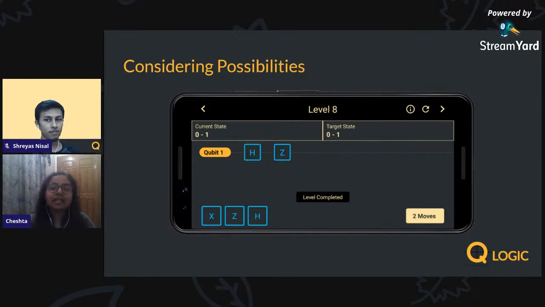So that is one thing we want you to focus on: whatever quantum property you're using in your game, you have to work out all the possibilities. You have to step into the shoes of the player and think about all the different possibilities and try to incorporate them in your game.